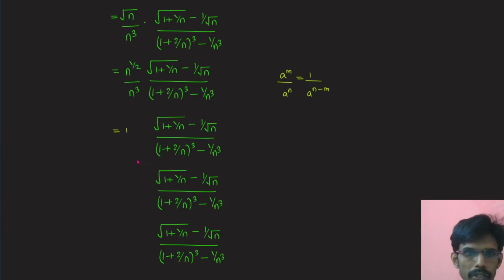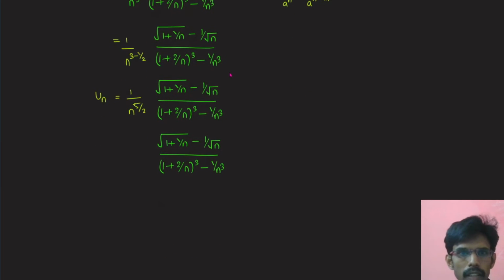So applying that concept here, this will now become 1 by n power of 3 minus 1 by 2. So this will become 1 by n power of 2 into 3 is 6, 6 minus 1 will be 5, 5 by 2. This is the value of un.